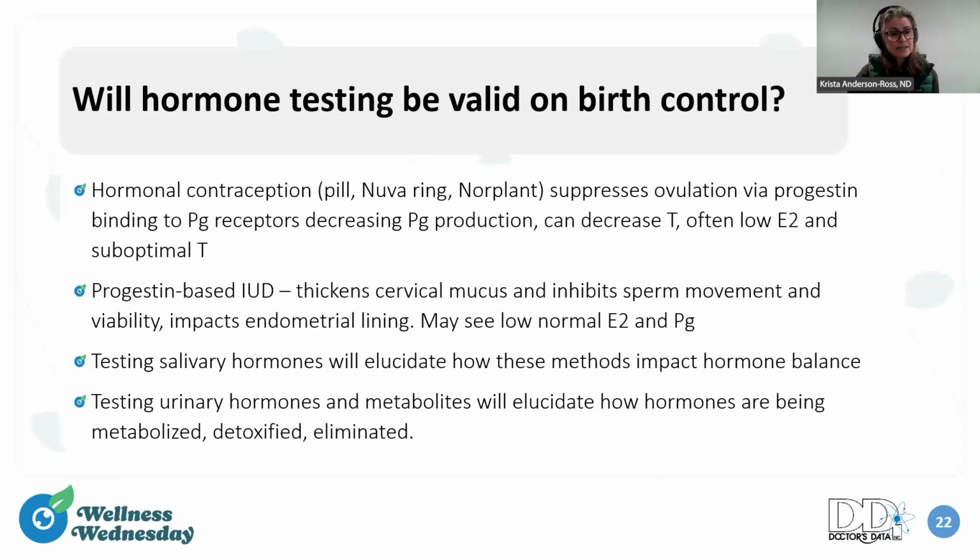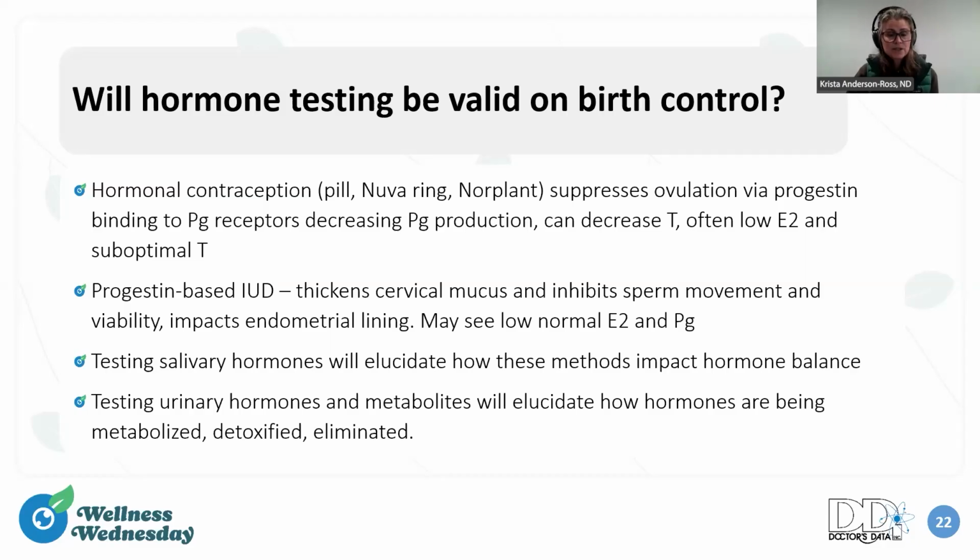When one tests while on a progestin-based birth control, it's going to show you how that contraception is affecting hormone balance, which tends to be very predictable because of how progestin suppresses ovulation. And it's going to lead usually to progesterone insufficiency and potentially to low-range estradiol and suboptimal testosterone.